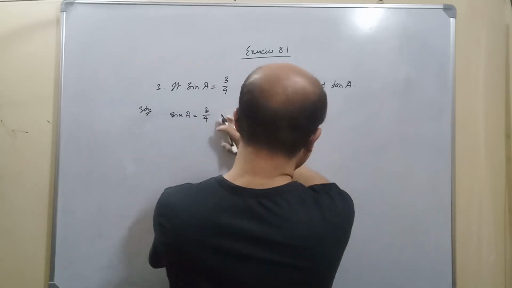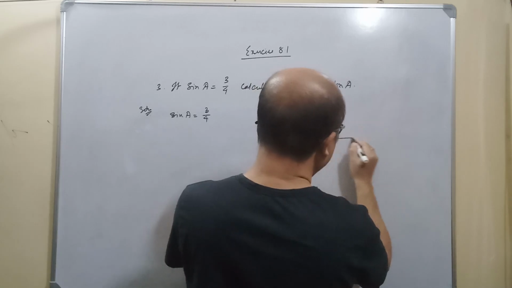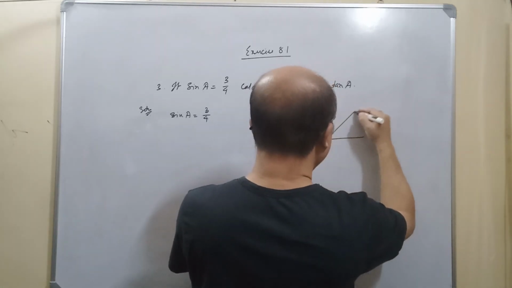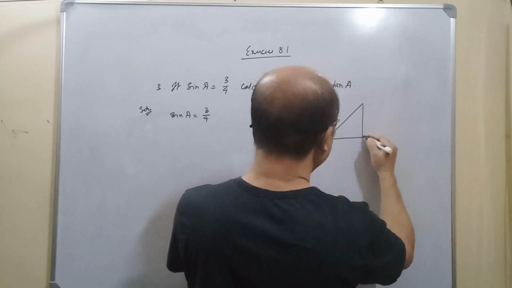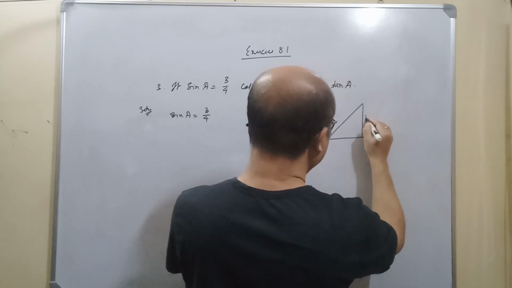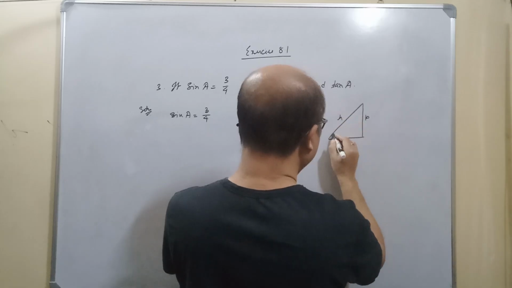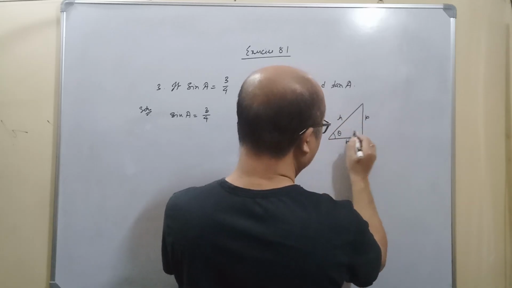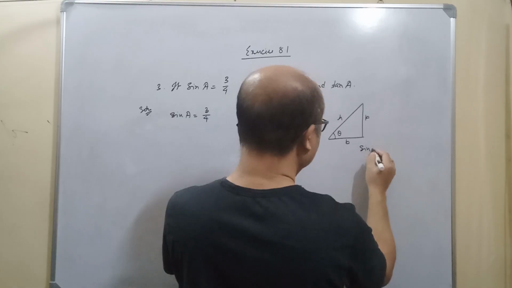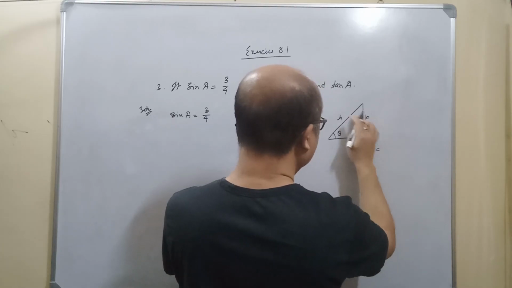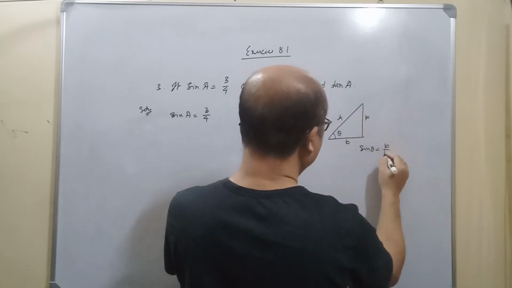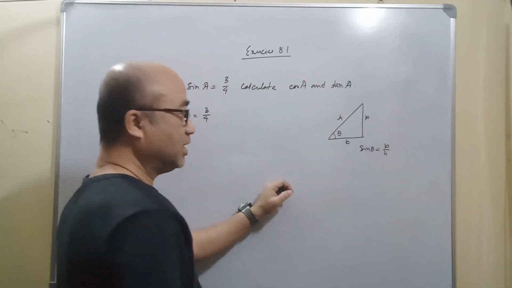All these ratios are defined like this: in a right angle triangle, if this is perpendicular, this is base, this is hypotenuse, and this is the acute angle theta, then sin theta is perpendicular by hypotenuse, right? This is how we define sin theta.